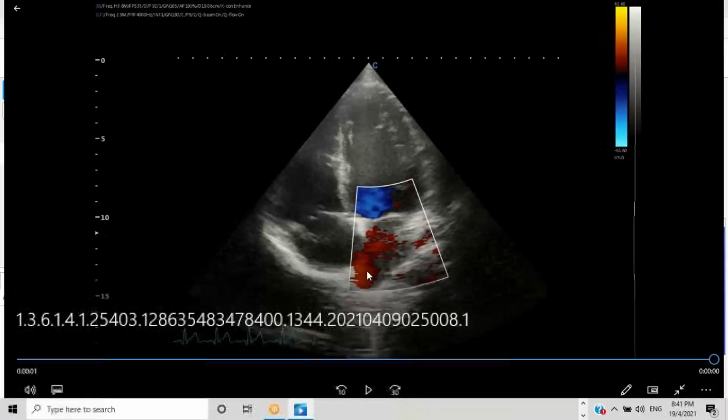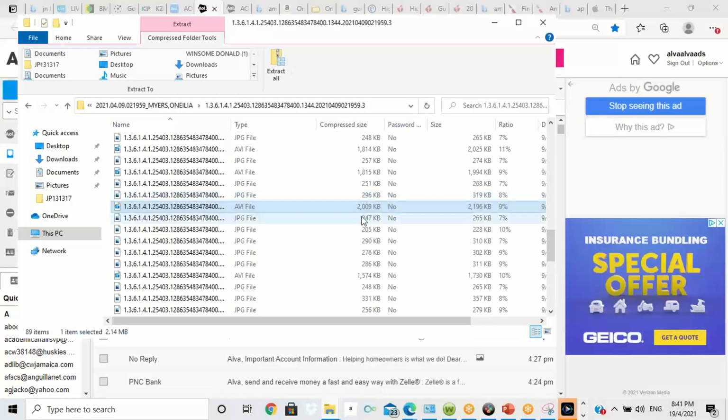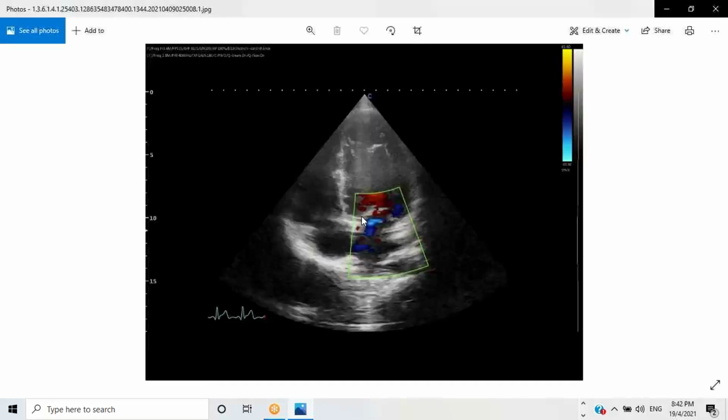Then you put your color across the mitral valve, looking to see if there's anything significant. There's probably just a very trace amount. You have to put your pulsed Doppler and your continuous Doppler there as well. See that there's just a little bit.